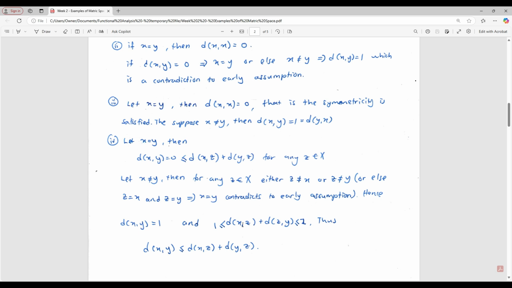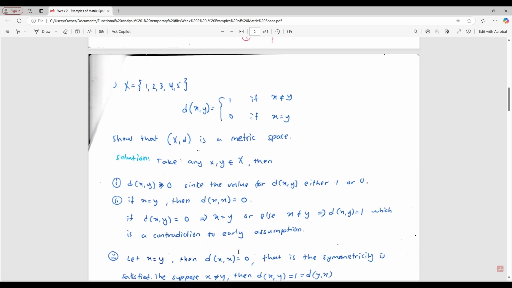So either this one is equal to 0, then we will have this equal to 1, or if this one is equal to 0, then we will get this part equal to 1, or both can be equal to 1. So when x does not equal z or z does not equal y, in this case the maximum is 2 and the minimum is 1. So therefore, the distance between x, y should be less than or equal to the metric between x, z plus y, z.